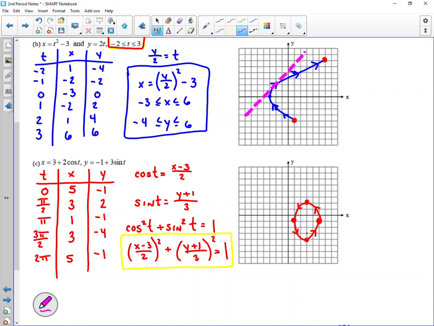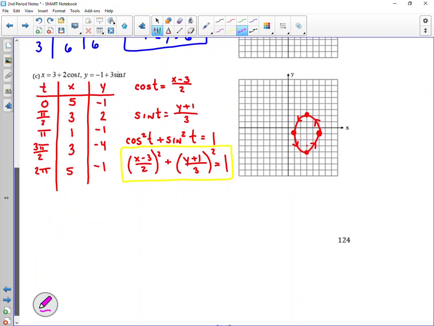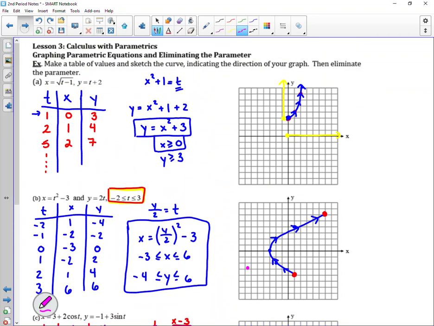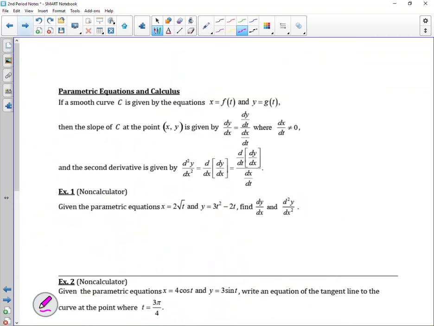That's not really going to be a big issue. I still want concavity, like the second derivative, to tell me concavity at a point. That's d squared y over dx squared. That will change. And then a lot of the velocity, acceleration, speed, and distance will change, but we'll talk about all that because we're now moving in two dimensions. So a couple things are going to change when we're doing parametrics.